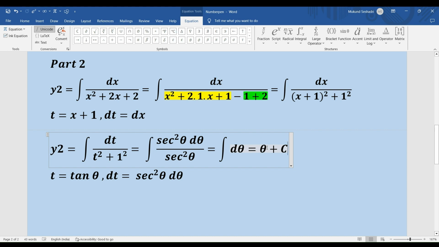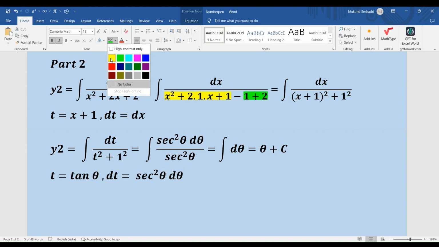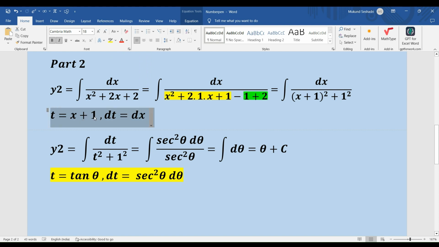You know that I cannot leave my answer in terms of theta. I'll have to put back everything in terms of x. So how do we put back everything in terms of x? We made two substitutions. The most recent substitution being t equals tan theta, and let me highlight it. And then the initial substitution t equals x plus 1, right?